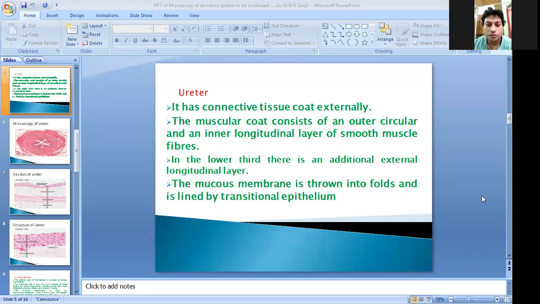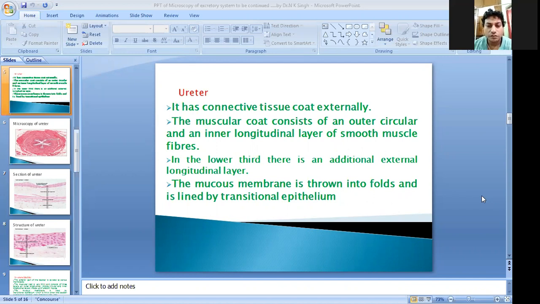So the question may arise: what is the epithelial lining of ureter? Ureter is lined with transitional epithelium, since fluid comes in and also gets evacuated. In such organs, where fluid comes and fills them and then gets evacuated, most are lined with transitional epithelium, because transitional epithelium has the characteristic of contraction and relaxation.